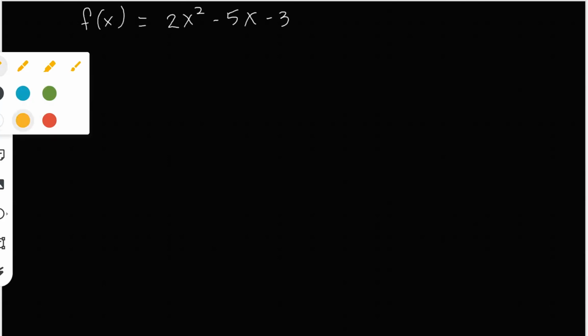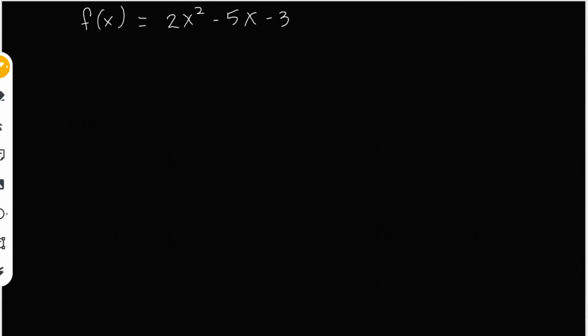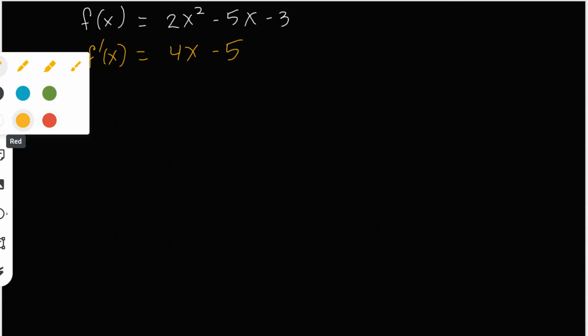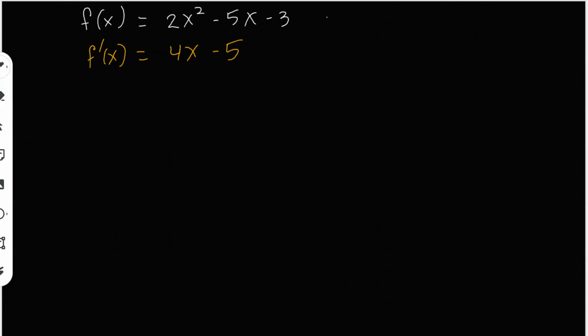From the previous screen, we calculated that the derivative is 4x minus 5, and the question is asking for the equation of the tangent line at x equal to 1.